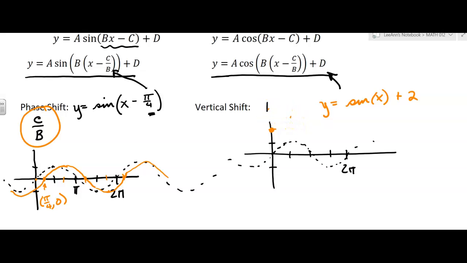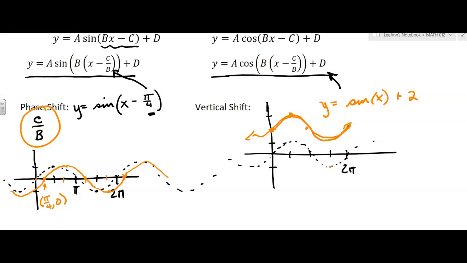I kind of lost my y-axis there. It's going to be about there. And then the point that used to be at the x-axis is now going to go up 2. And then the point that used to be at -1 right there, that's going to go up to 1 now, right? Because it shifted up 2. And then the point at 2 pi is going to go up there. So my curve is going to be like up here. And it's still following that pattern.